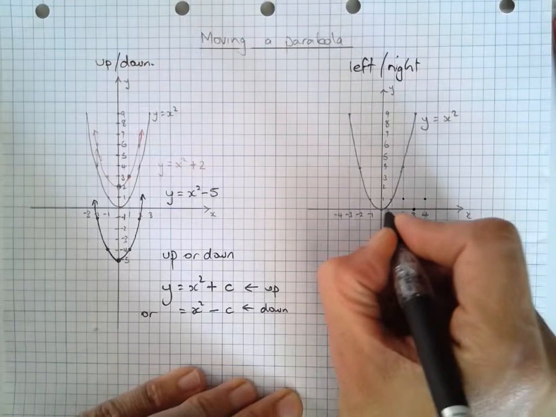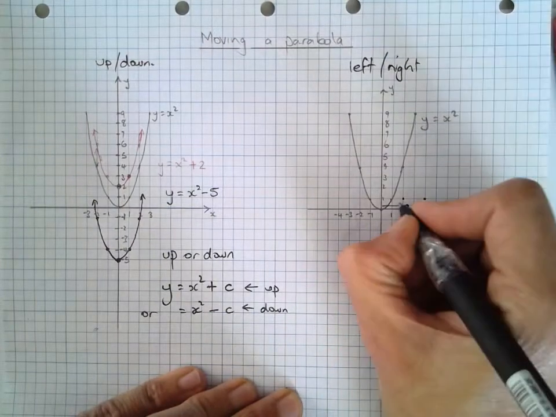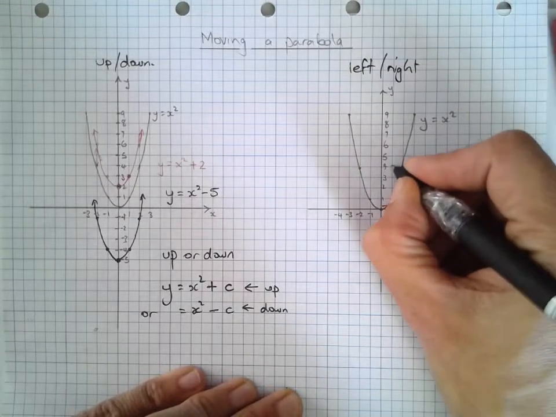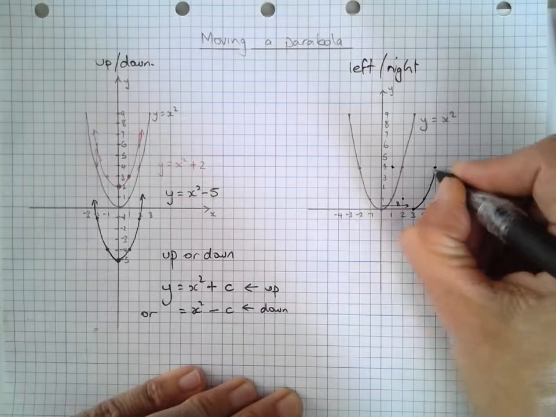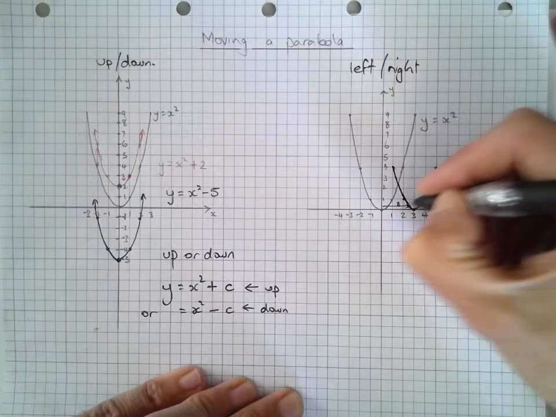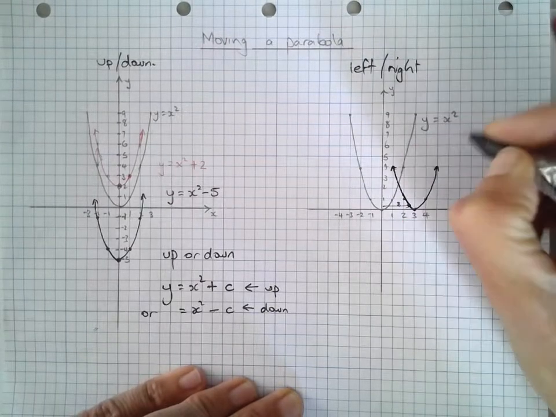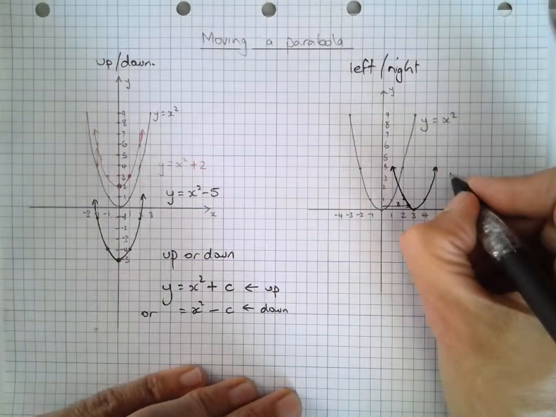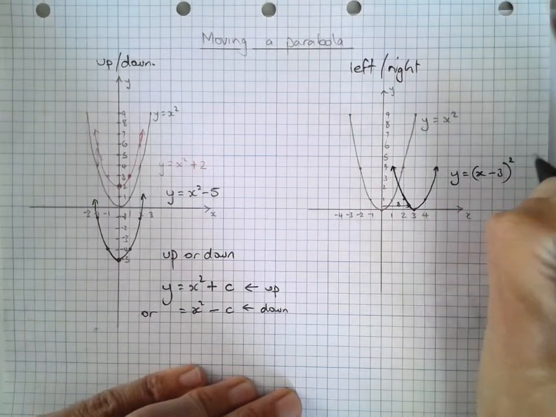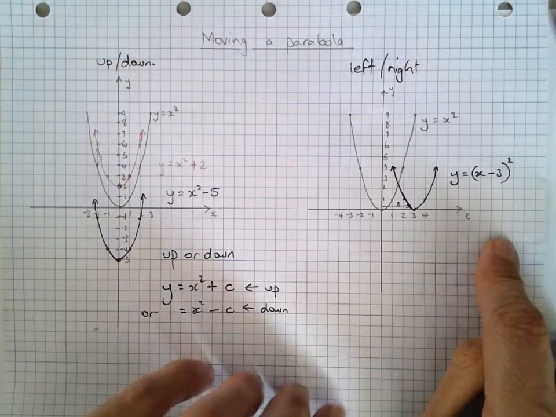Everything's just moved along 3 this way. So here it's y equals x minus 3 all squared. That's moved it 3 to the right.